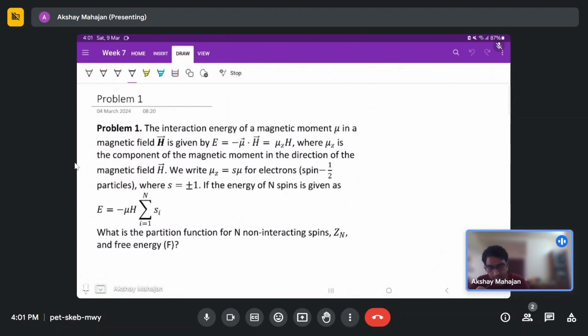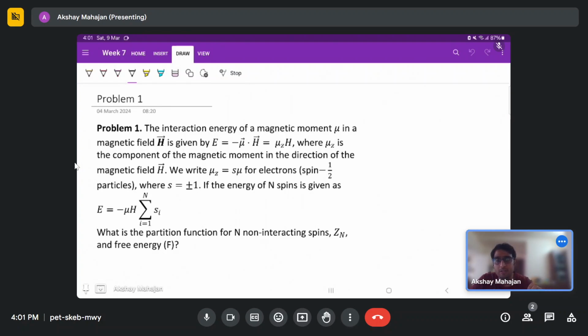So in problem number 1, what we have is the interaction energy of a magnetic moment mu in a magnetic field H vector is given by E equals minus mu vector dot H vector equals minus mu z times H, where mu z is the component of the magnetic moment in the direction of the magnetic field H vector.